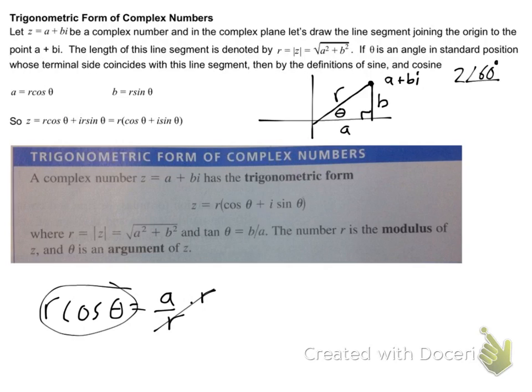Just rearranging things using SOHCAHTOA. Can I do the same thing with sine? Sine theta is b over r, multiply both sides by r, so b equals r sine theta.